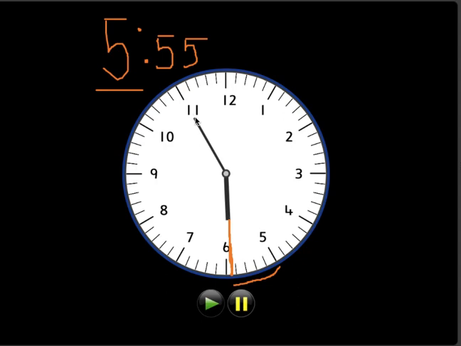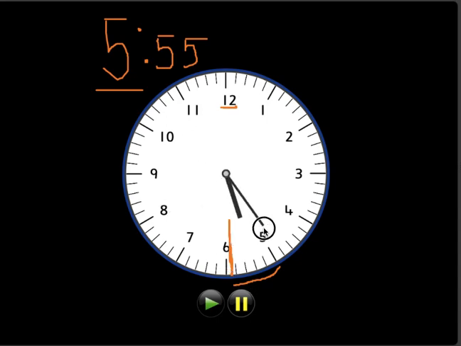And look, this minute hand is really pretty close to the 12. It is only 5 minutes away from being 6, which makes sense, right? Let's watch. If we turn this clock to 6, look, the hour hand did not have to travel very far to get to the 6. So the later it is and the more minutes it is past a certain hour, the closer the hour hand is going to get to the next number.